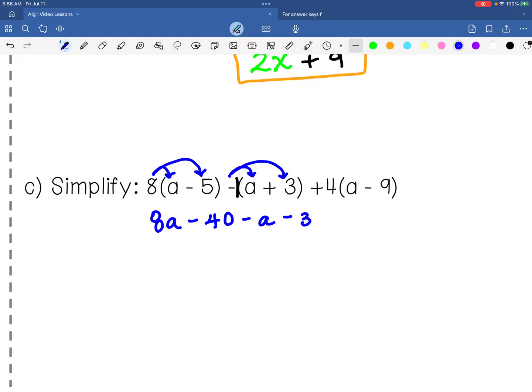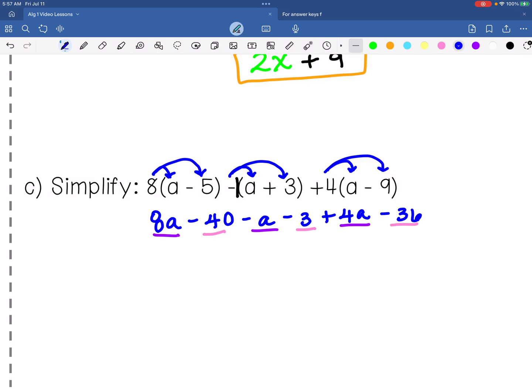And then we're going to do the last set. 4 times a, and 4 times negative 9. Let's go ahead and combine like terms. And why are those like terms? Because they have the same variable and the same exponent, which is technically 1. And then all of our numbers are also like terms.